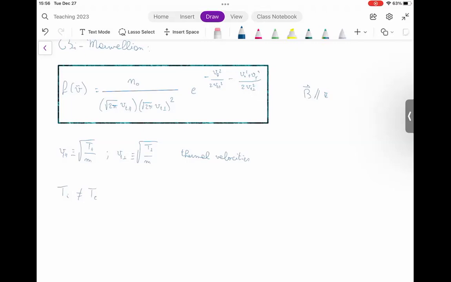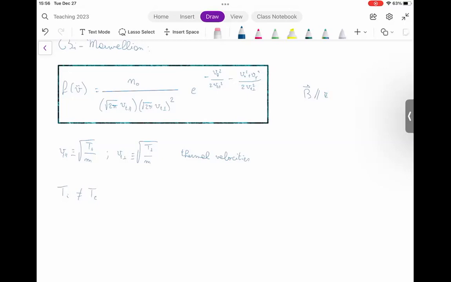Fusion collisions create, depending on the fuel that you're using, new particles that are going to have much higher temperatures or kinetic energies than the ions. And then those particles will collide with ions and electrons, but they're typically going to heat the electrons first, and then the electrons will heat the ions.